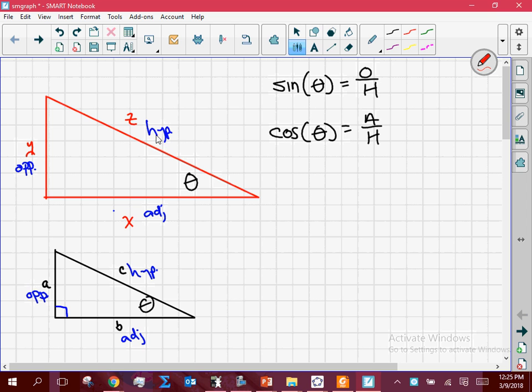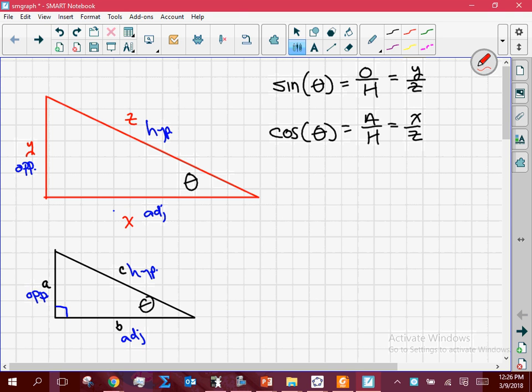And if I'm just using this red triangle right now, sine of theta would have been y over z, and cosine of theta would have been x over z, just using that triangle. Everybody okay with that? Comfortable with that?